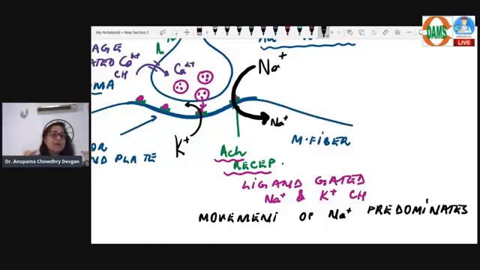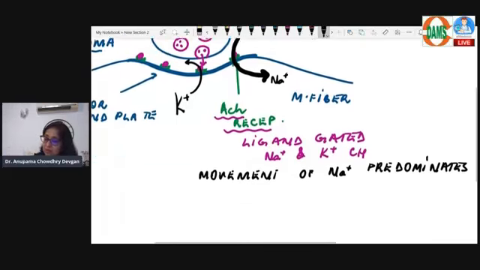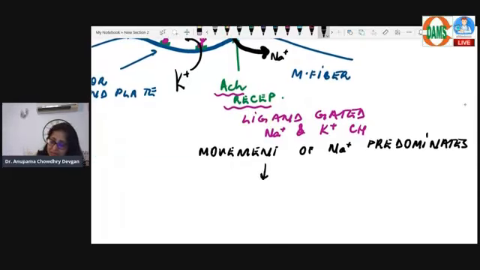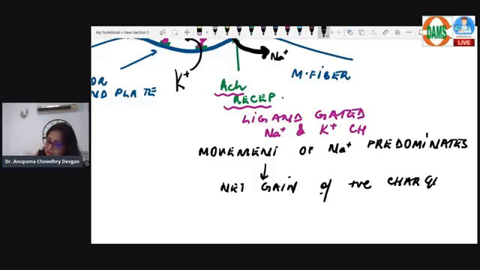So sodium influx will predominate because there are two gradients for sodium, concentration as well as electrical. For potassium, only one gradient. And if the movement of sodium predominates, that means there is going to be a net gain of positive charge, and net gain of positive charge means there is going to be a depolarization of the muscle fiber membrane.